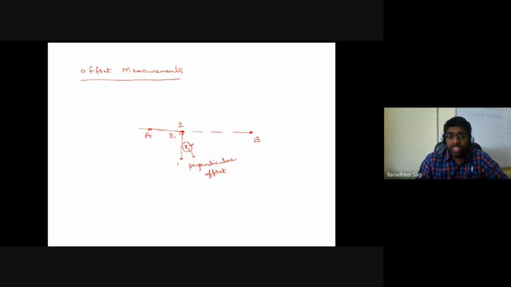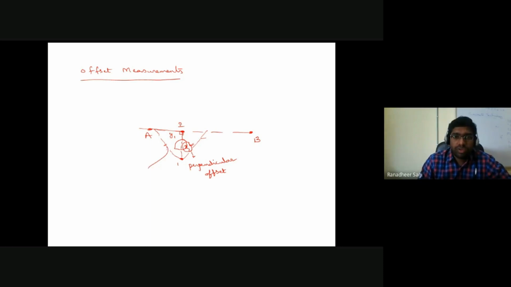Sometimes you may have an obstruction in between, maybe a pond or some other kind of obstruction, because of which you are not able to place your tape or chain between the point I and point 1 of the electrical pole. Then what you can do is measure the offsets not exactly from the position of point I, rather I can place the offset something like this. Such offsets are what we call oblique offsets.